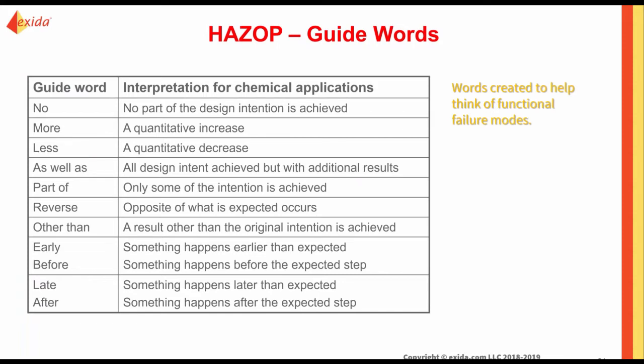And there's a whole set of words with the interpretation that was created to help us think of functional failure modes for any given software processing block. And it kind of works, but it's not easy. And sometimes you really have to have really experienced software HAZOP people to use these guide words for software.